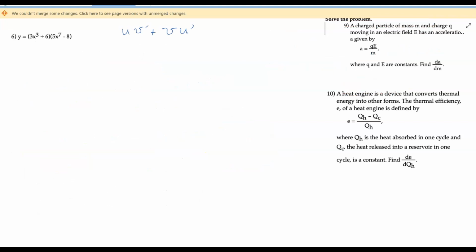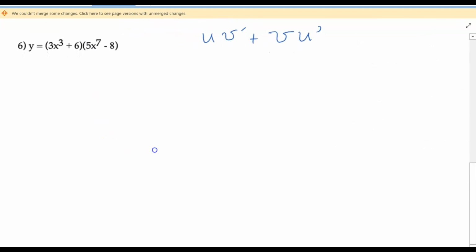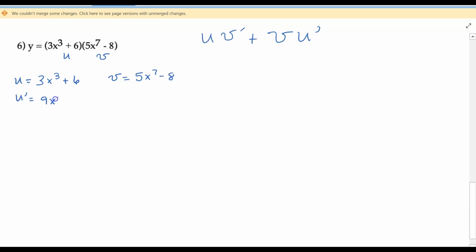Okay, looking at this one again, I've got my uv prime and vu prime. I'm going to call this one u and this one v, and again, I'm going to look at them first in isolation. So u is 3x cubed plus 6, and v is 5x to the 7th minus 8. u prime is 9x squared.